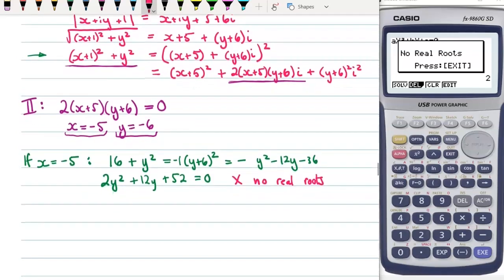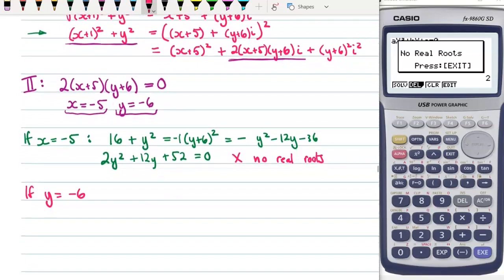Okay, so back to if y is minus 6. From this bit just here. If that were true, and again we go back and pop it into this line up here, we can work out the corresponding x. So if y is minus 6, we've got x plus 1 squared plus 36 is equal to x plus 5 plus, well, minus 6 plus 6 is 0i, so that's going to have nothing there. It'll just be that bit squared.